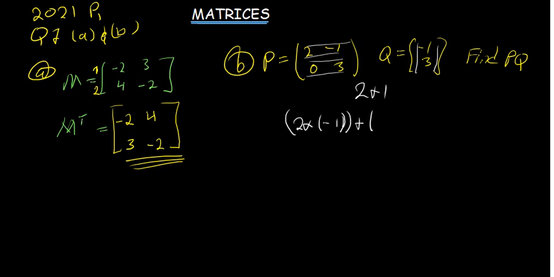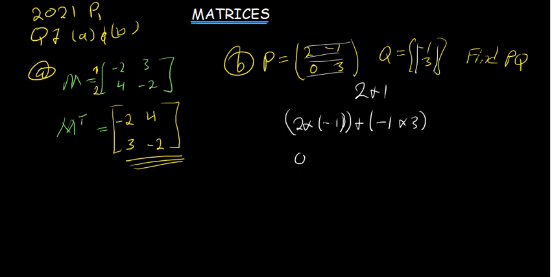What do we have here? We have a negative 1 remaining. We are going to multiply it by the 3. Negative 1 multiplied by positive 3. So all we are doing is multiplying the first number in the row by the first number in the column, the second number in the row by the second number in the column.